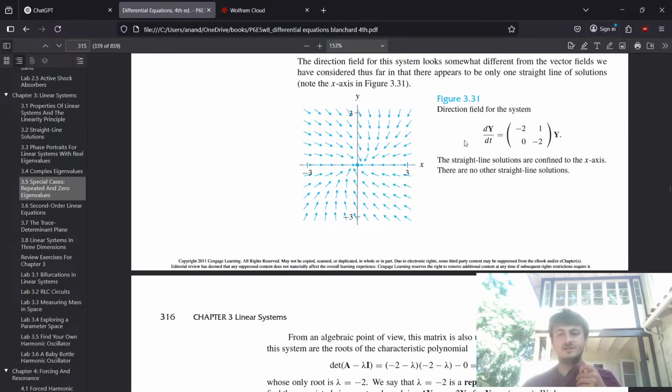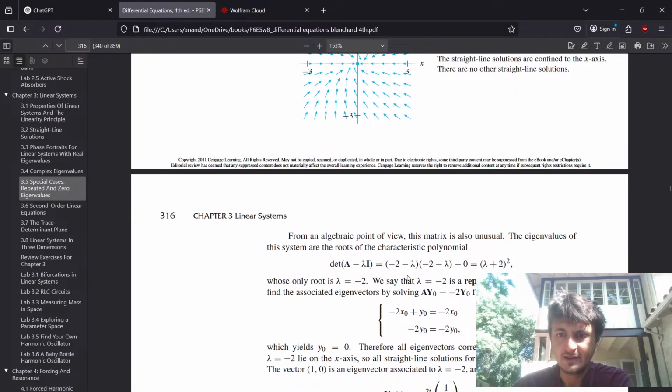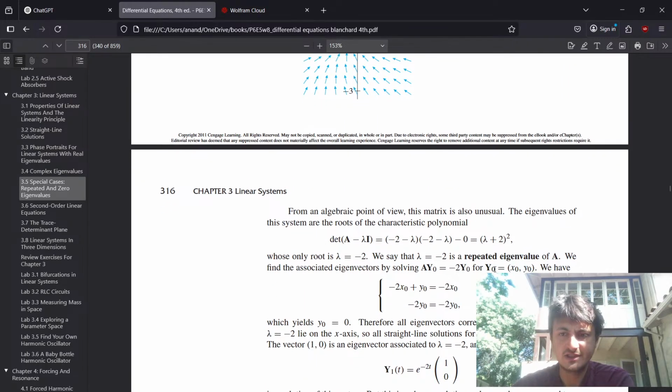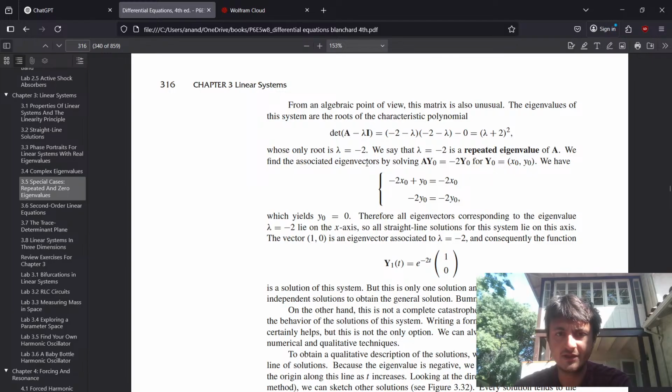It's clear if you make the characteristic polynomial, like they do here, that lambda equals minus 2 is an eigenvalue whose only root is lambda equals minus 2. We say that lambda equals minus 2 is a repeated eigenvalue of A. We find the associated eigenvectors by solving A y0 equal to minus 2 y0, for y0 equal to (x0, y0).